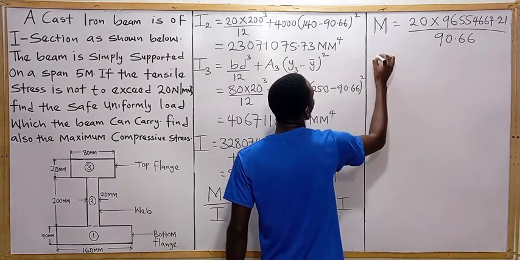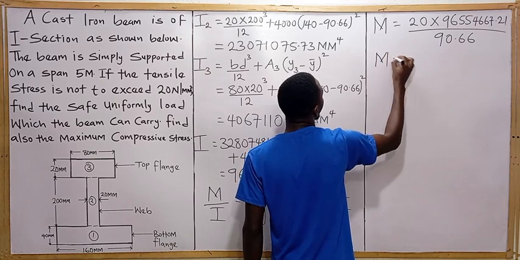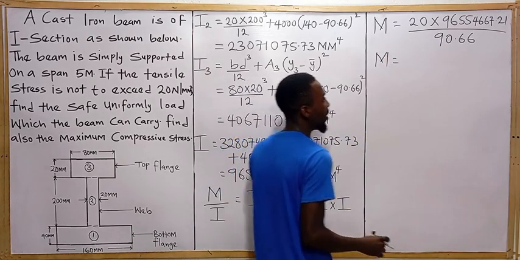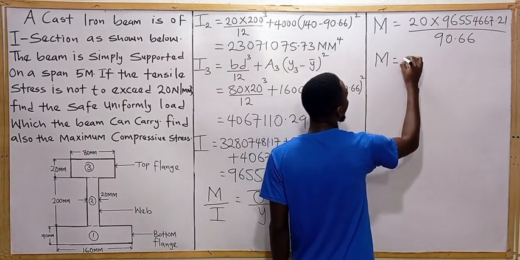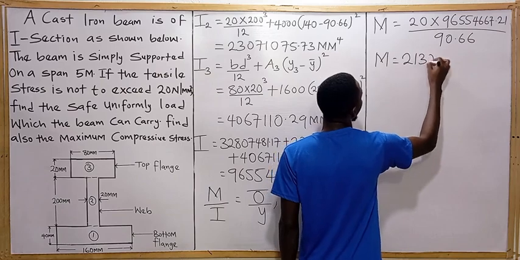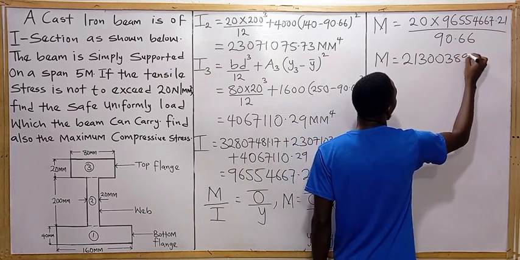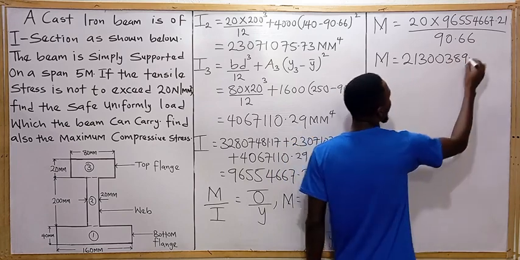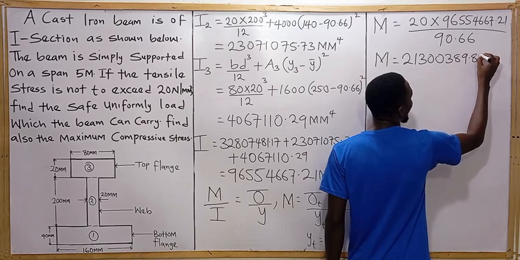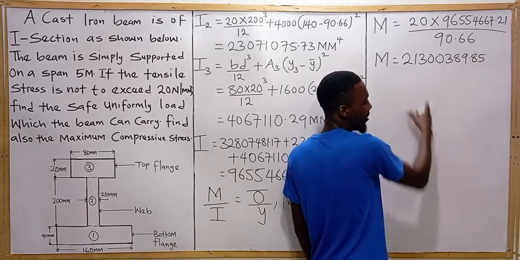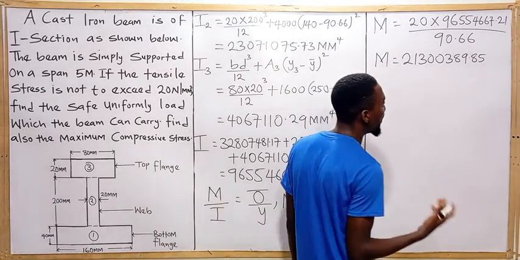All right, so our maximum bending moment, if you press this in your calculator, you are going to have our value to be 21,300,389.85. So this is maximum bending moment. Our unit is going to be Newton mm.